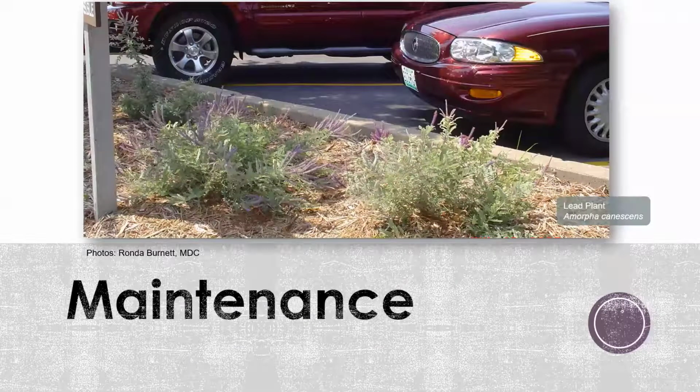Like in this example here, we've got a lead plant, which is a very low growing shrub used in the same situation right next to the curb of a parking lot. So that's the easiest kind of maintenance to do, is the kind that you do during the design phase of your project.